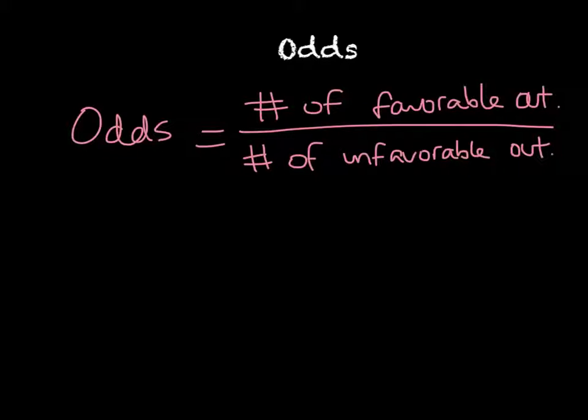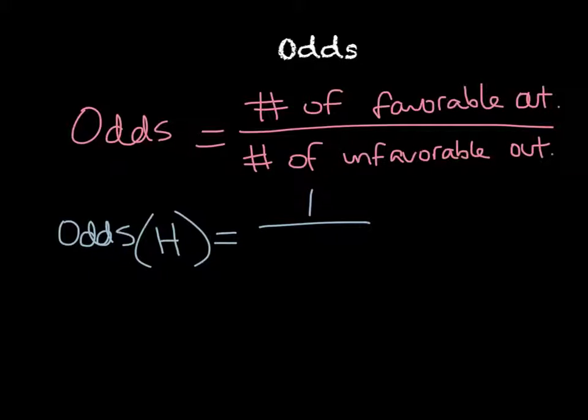So then the odds of getting heads when you toss a coin: there's 1 favorable outcome, getting heads, and there's 1 unfavorable outcome, getting tails. So the odds of getting heads is 1 to 1. We can also represent that as a ratio like this.